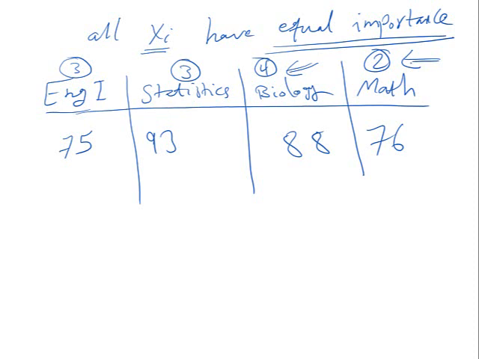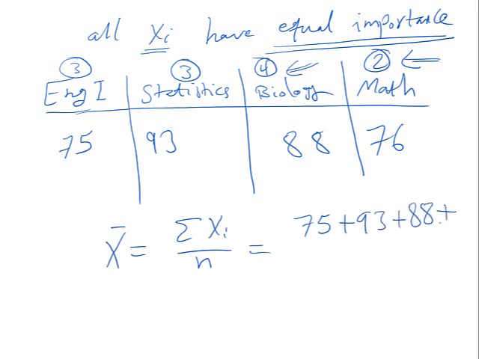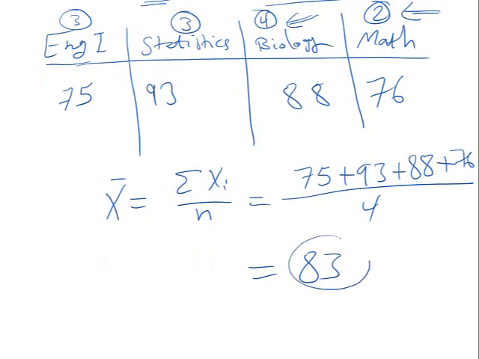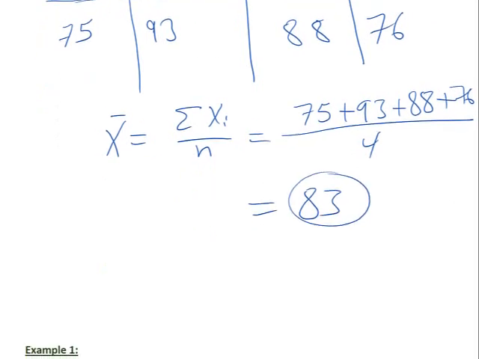You might try to find the mean by using the formula x bar equals summation xi over n, which is 75 plus 93 plus 88 plus 76 divided by 4, and the answer is 83. But not all values are equally represented, so this 83 is not a precise answer for the average of the student.